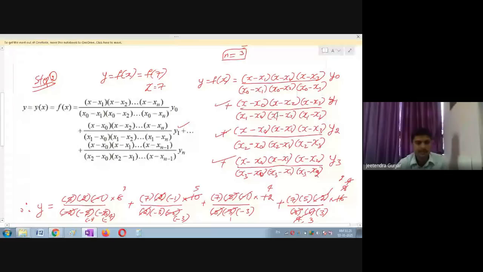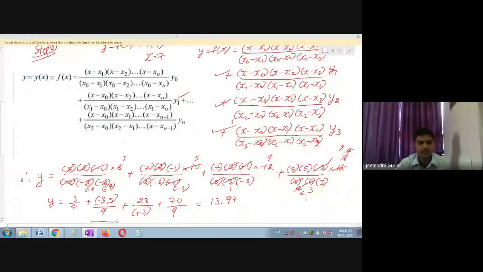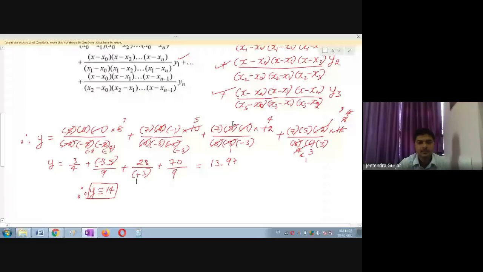The formula alone is very important in this topic. So you can see from this, Lagrange's or Newton's divided difference formula, one is fixed for your final exam. Yes, everyone got the answer: y is approximately 14, or it is 13.97.